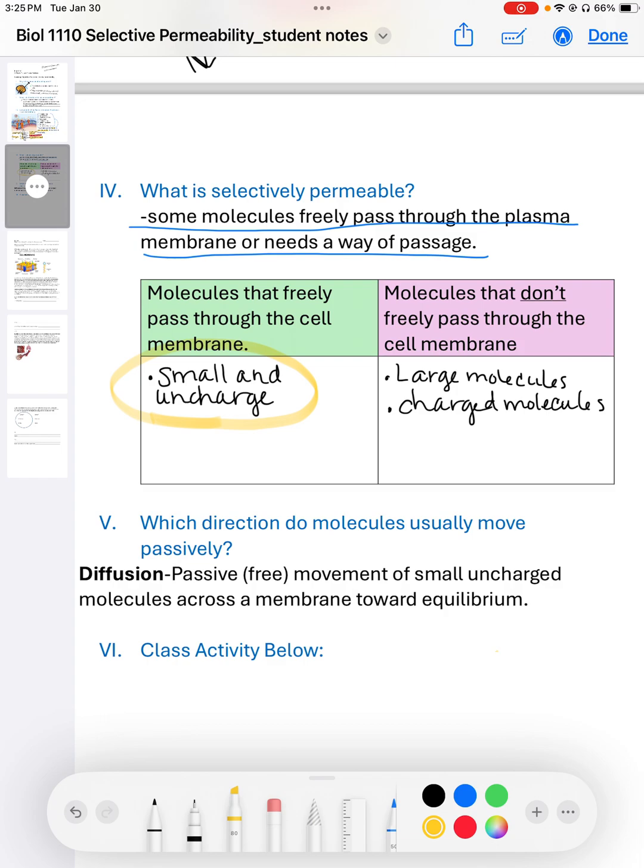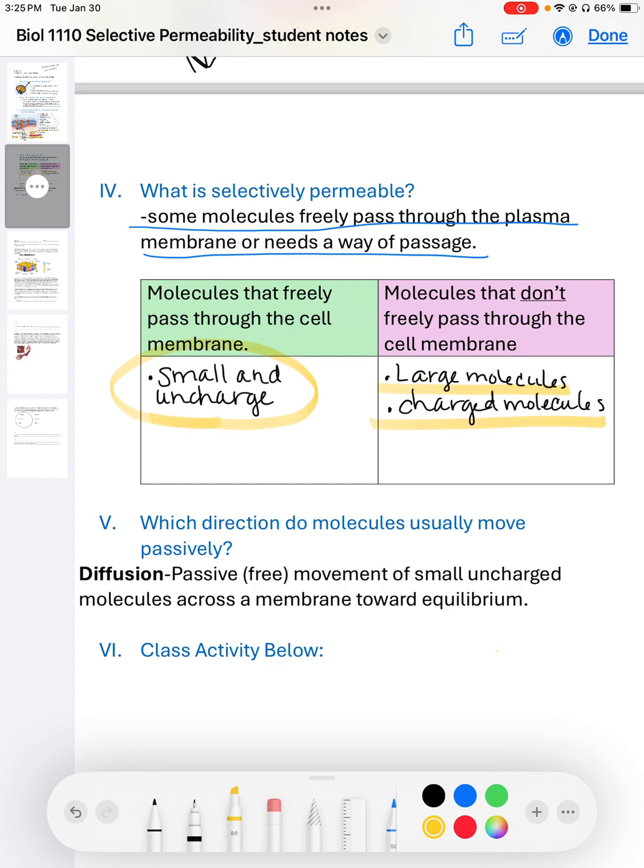So molecules that don't freely pass through the cell membrane are those that are large and those that are charged. Large molecules are those that are polymers, meaning they're many of something. For example, a polysaccharide or a polymer of nucleotides, those things are large.